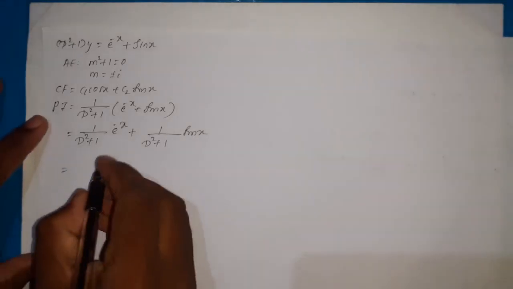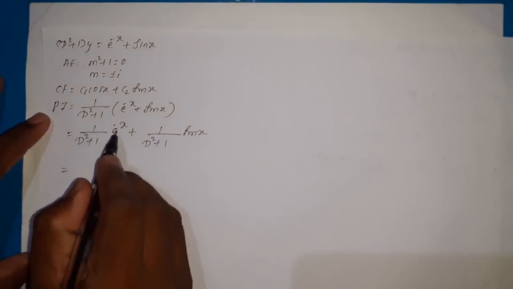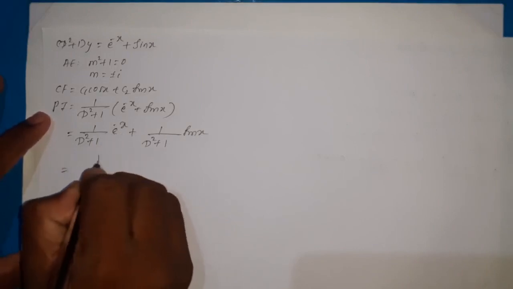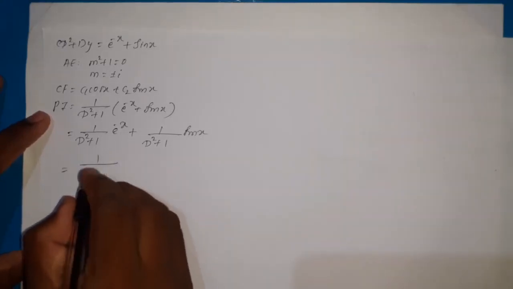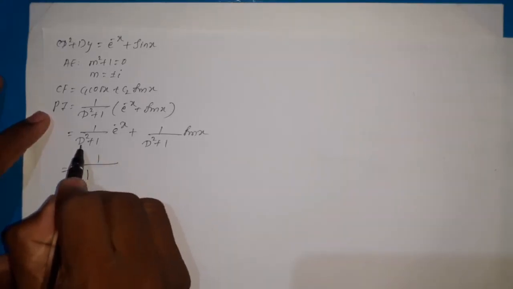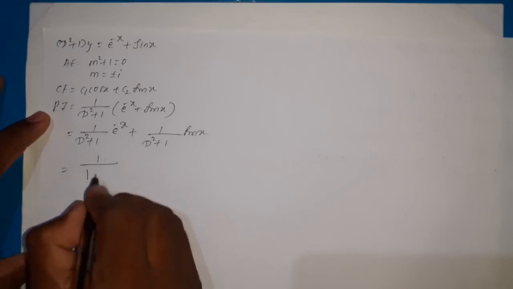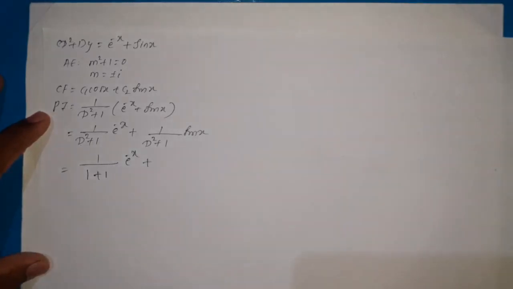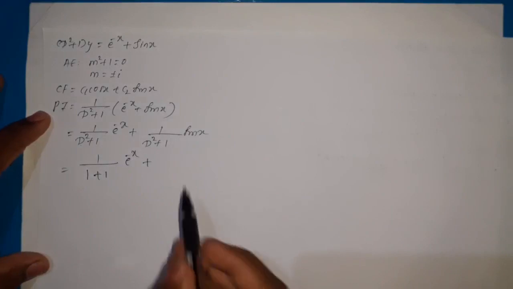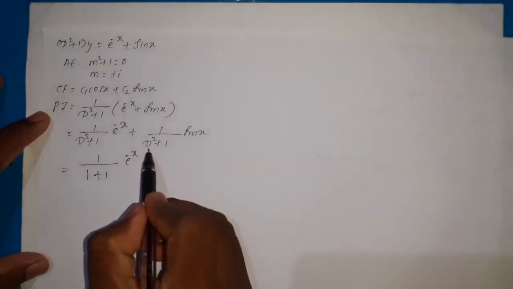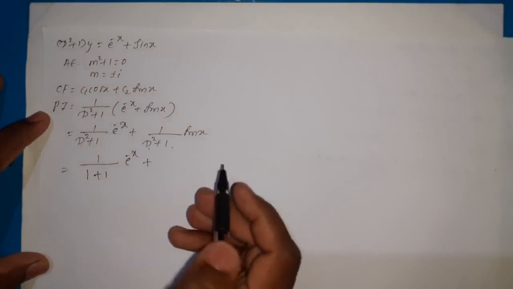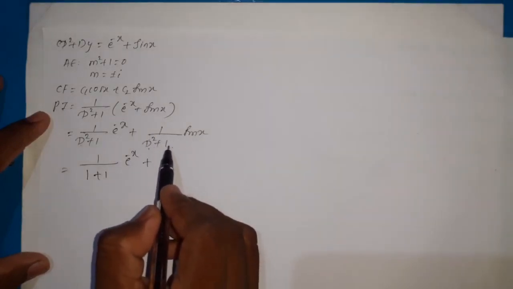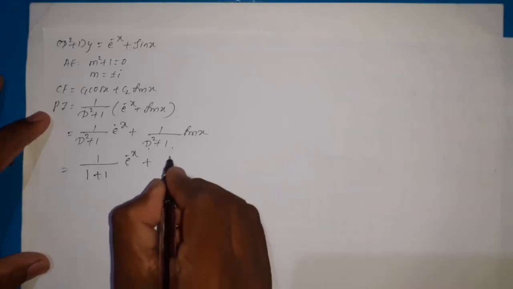So 1 by f of d into e power x, that is 1 by f of a into e power x, hence d square is plus 1. Since d is minus 1, minus 1 whole square becomes plus 1, so 1 plus 1 e power minus x plus. Here d square is minus 1, so minus 1 plus 1 becomes 0, therefore the denominator gets the value equal to 0, hence it is the case of failure.